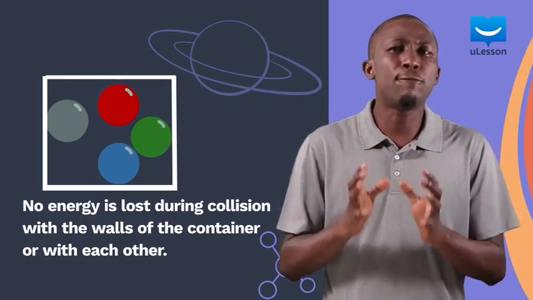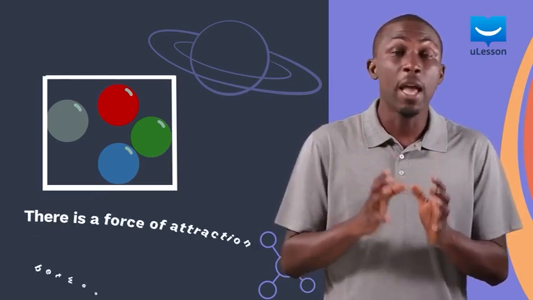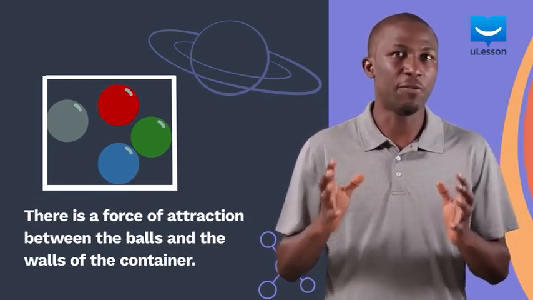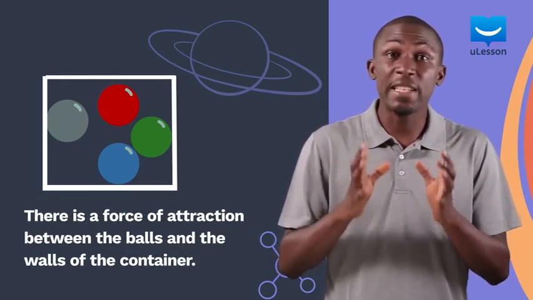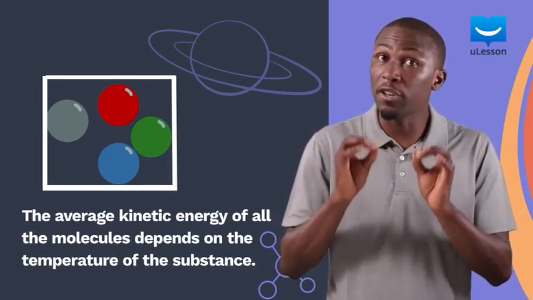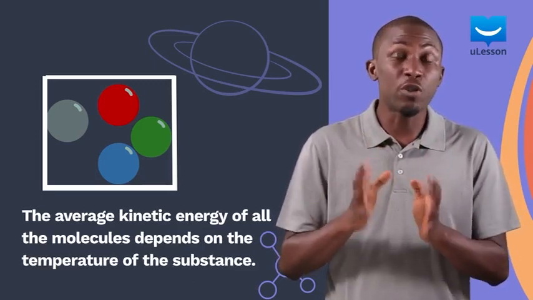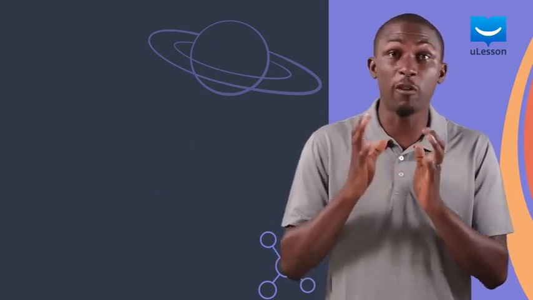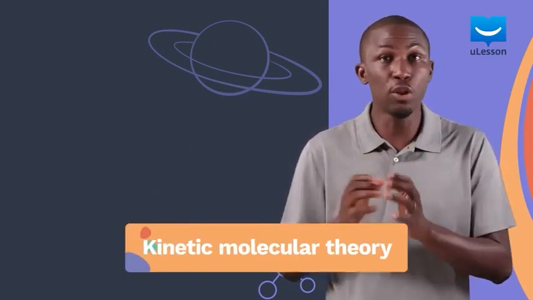There is also a force of attraction between them and with the walls of the container in which they are enclosed. And finally, the average kinetic energy of the molecules depends on the temperature of the substance. These assumptions, which we have used to describe the behavior and movement of molecules, are what is known as the kinetic molecular theory.